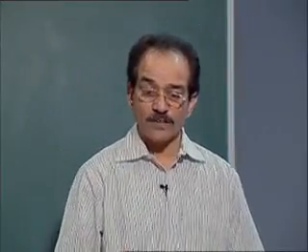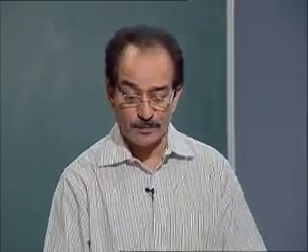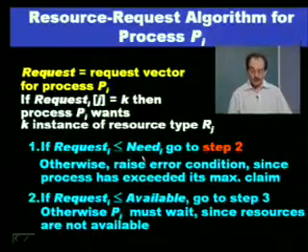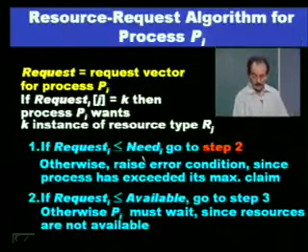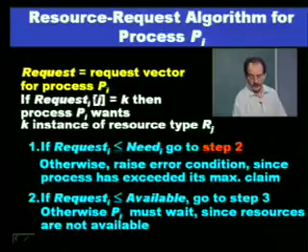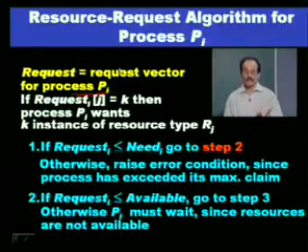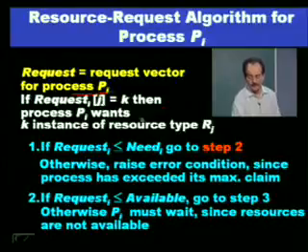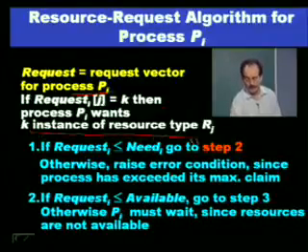Now, how do we go for a resource request algorithm for a process P_i? Obviously, any process has to request a resource. There is a request vector for the process P_i through which we are requesting. If request[i][j] is equal to k, then the process P_i wants k instances of the resource type R_j.